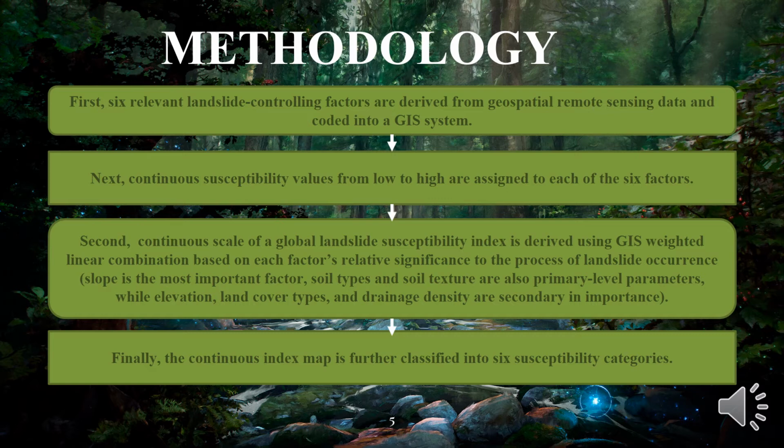Soil type and soil texture are also primary level parameters, while elevation, land cover types, and drainage density are secondary in importance. Finally, the continuous index map is further classified into 6 susceptibility categories.